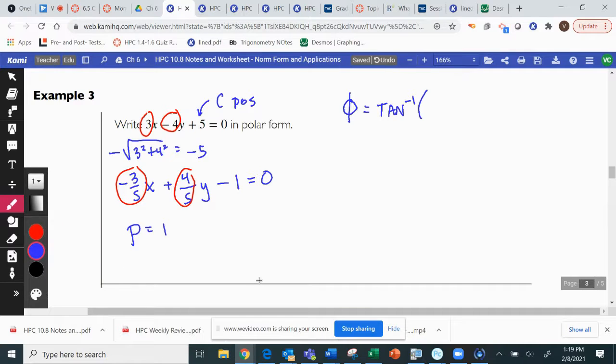So I'm going to do negative 4/3. So I get negative 53.13 degrees. And then I have to think about the quadrant from the normal form.